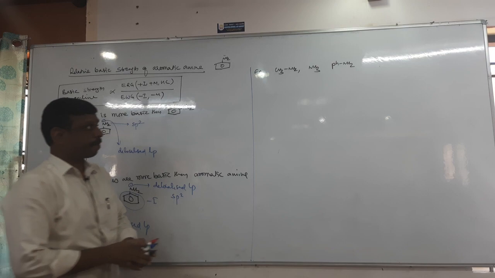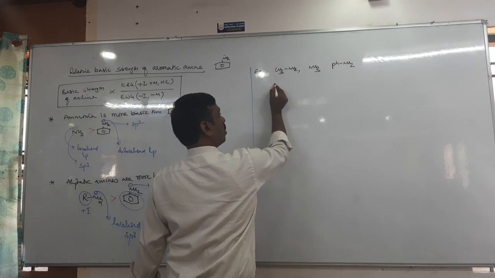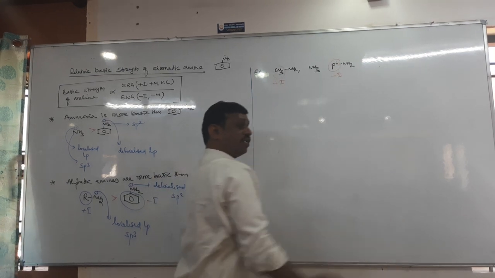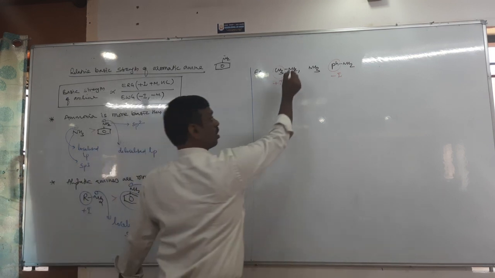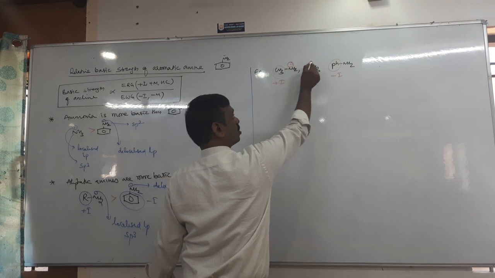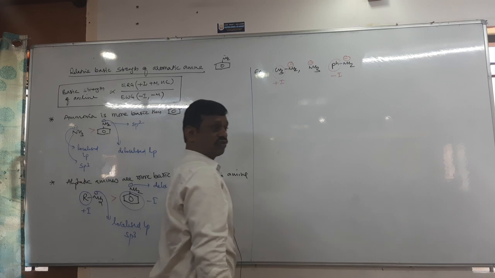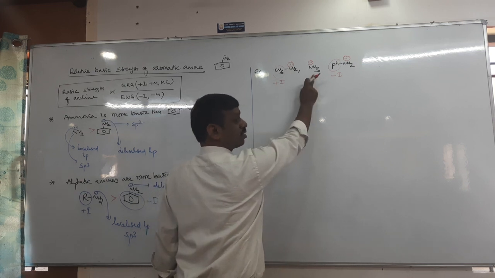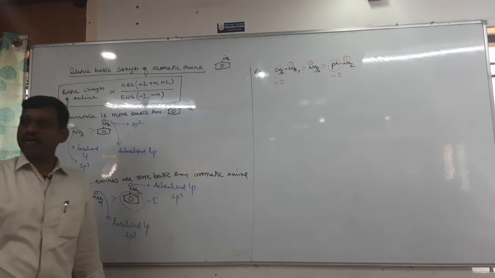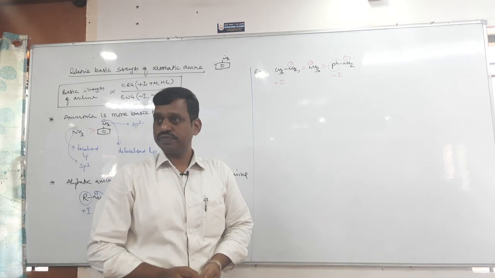Which is more basic? Methyl amine is more basic. Why? It has a plus I effect, while this is a minus I, as well as the lone pair. In both methyl amine and ammonia the lone pairs are localized, but in aniline it is delocalized. The hybridization is sp3, sp3, and this is sp2. So aliphatic amines are more basic, then ammonia, then next is aromatic amine.